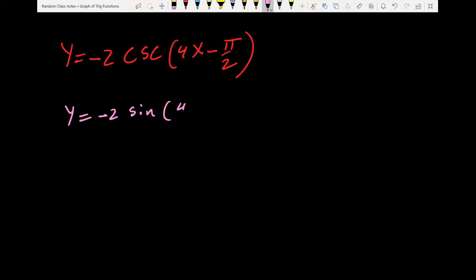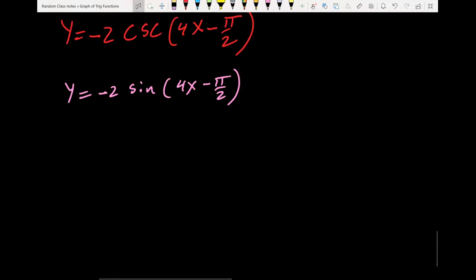We're going to graph this one first. I want you to graph the pink one first. Remember, cosecant and sine are reciprocal of each other. So therefore, if I'm graphing cosecant, let me graph sine first, okay? All right, go ahead. You guys could graph this now. Let's go.